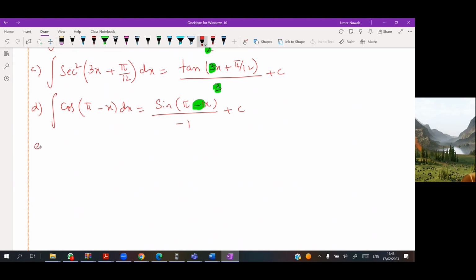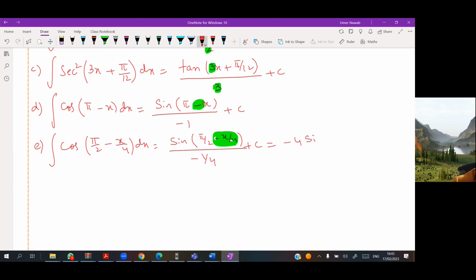E question is cosine of pi by 2 minus x over 4. The integration of cosine is sine of pi by 2 minus x over 4 divided by the coefficient of x here, minus 1 over 4. So I can send this 4 up, and it becomes minus 4 sine of pi by 2 minus x by 4 plus c.